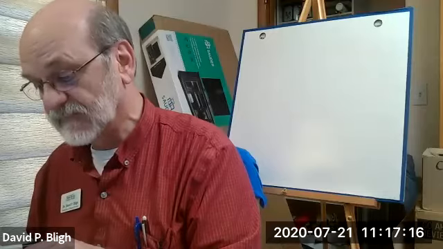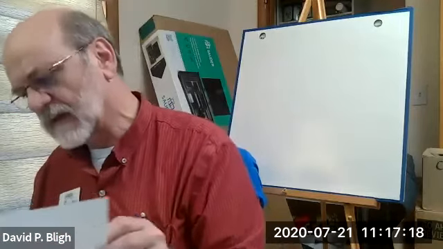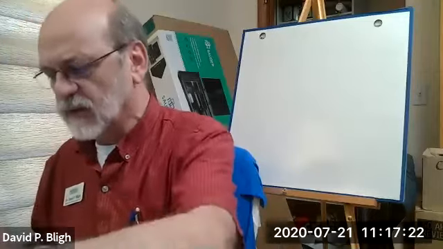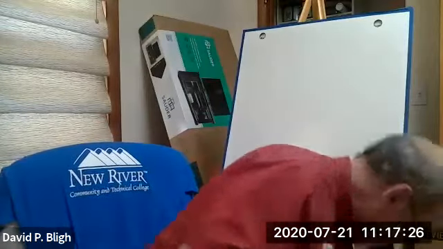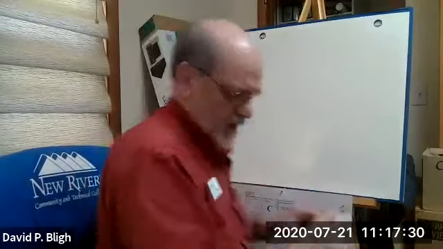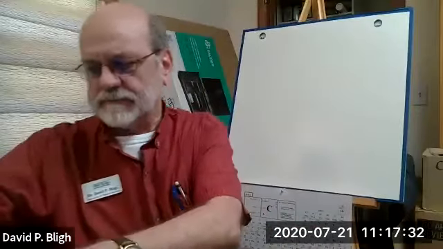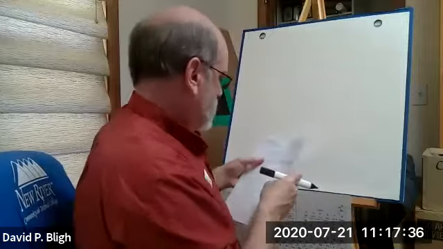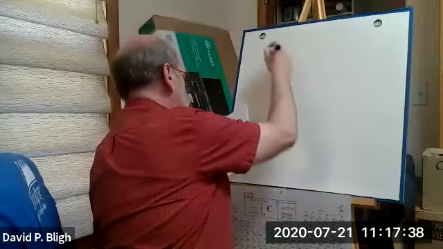Okay, got a work function. I think that would be more valuable anyway. So let's do this one. Pick that up again. And let me give you the conditions. So we're going to need this information.